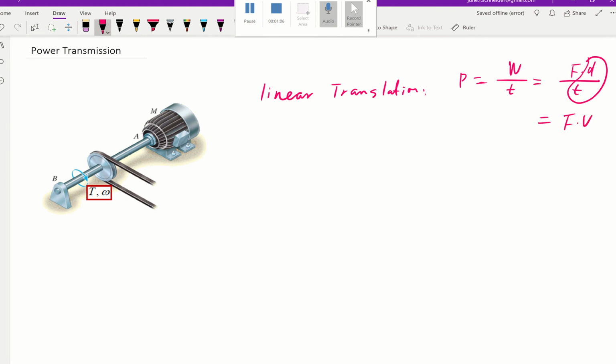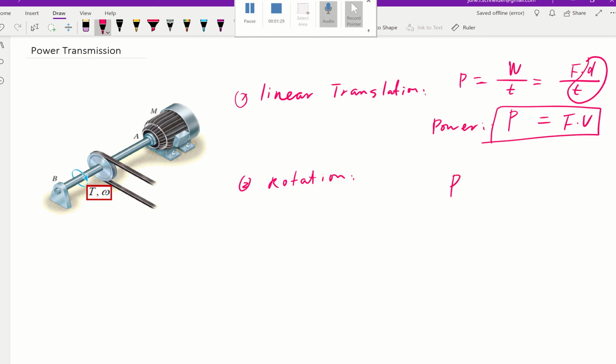So in the linear world, the power is going to be your force times velocity. Then, however, here we have rotation. But we can use this formula to look at the counterpart for rotation.